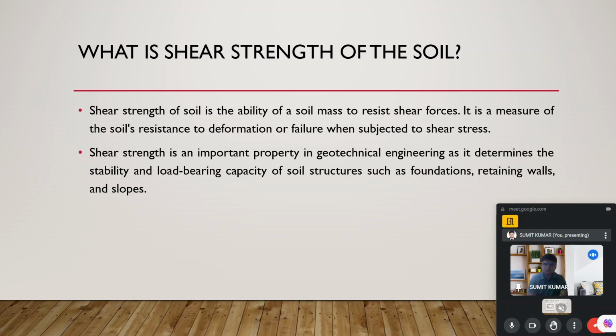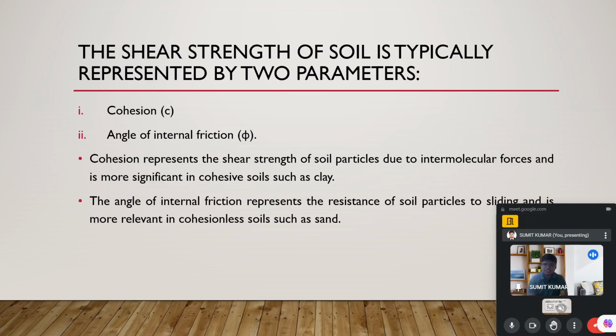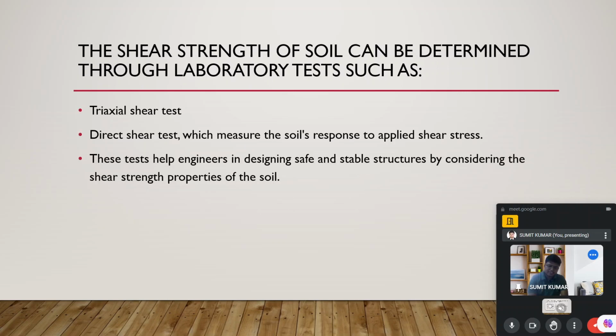First of all, we understood the definition of shear strength. After that, we understood the factors on which shear strength depends, like cohesion and internal friction, with the help of different examples. In the last 2 to 3 classes, we discussed several tests, specifically the direct shear test and the vane shear test.